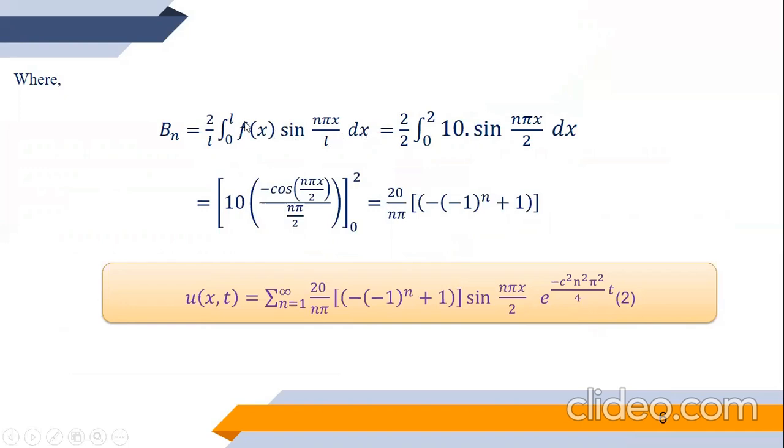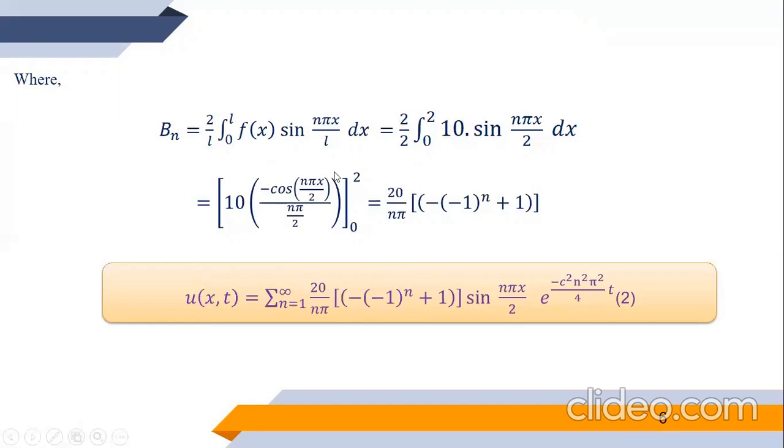In this problem, the length L is 2 and the initial temperature distribution f(x) is 10. So L is replaced with 2 and f(x) is replaced with 10. So 2 cancels.